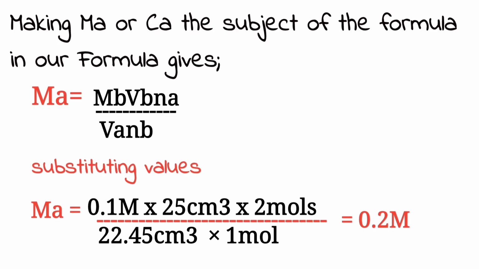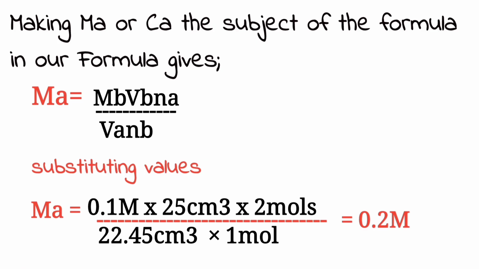From the balanced equation, we said Na, which is number of moles of acid, was 2 moles, divided by volume of acid. The volume of acid is the titer, the volume we ran from the burette, the one we calculated previously, and we had 22.45 cm cube.